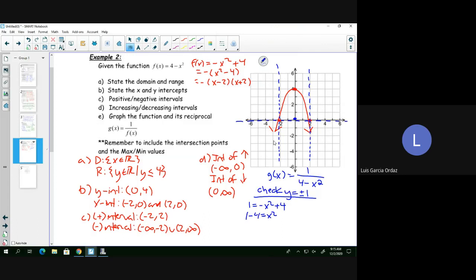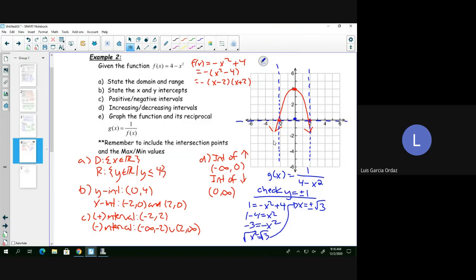So we have negative 3 is equal to negative x squared. Divide both sides by negative 1 to get rid of the negative. So we get x squared is equal to 3. Take the square root, and x is equal to plus or minus root 3.